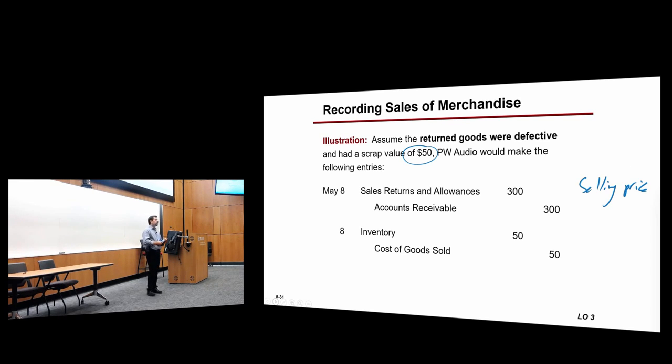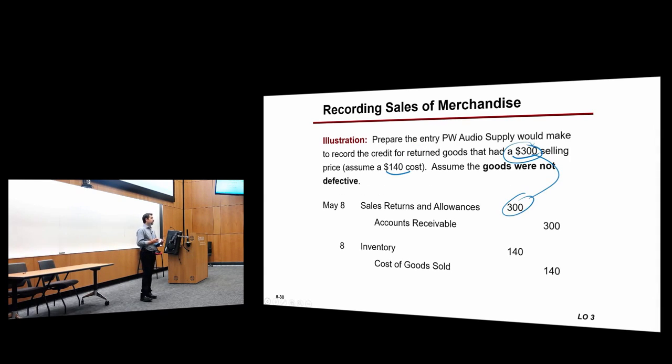You see, in this case, we're estimating the value of the returned goods because they were damaged at $50. In the previous example, we estimated the value to be 140 because it was not defective, so we used the original cost. It's the same thing. The only thing that changes is the value. One depends on the cost, the other on how much you estimate the value of that damaged good is.